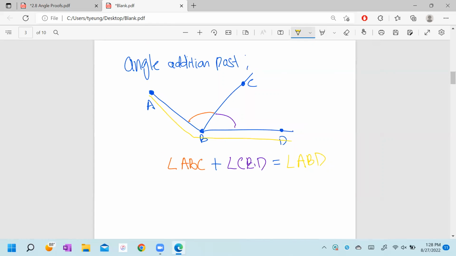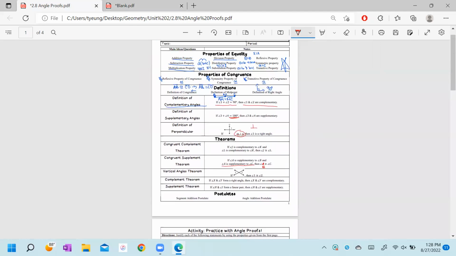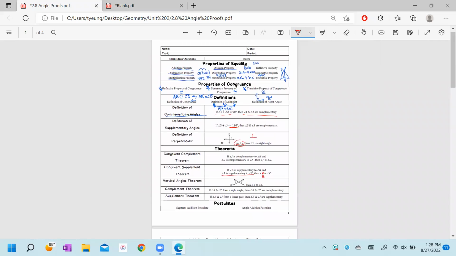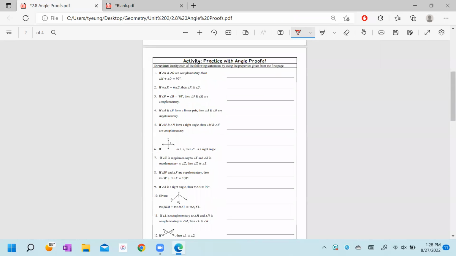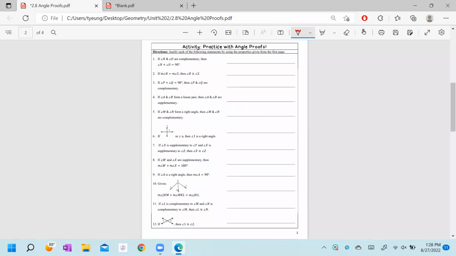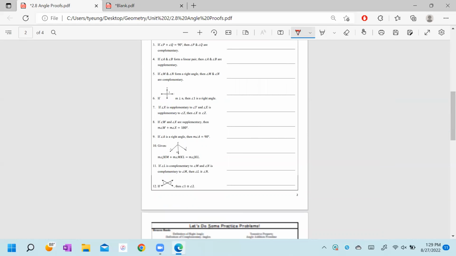Okay, so those are all the notes and all the extra theorems and postulates that you can use. Of course, you can always use the things before, like the properties of equality, properties of congruence, and so on. I want you to work on this practice example right here. All of these practices basically just justify the statement by telling me what properties, postulates, or theorems are being used.